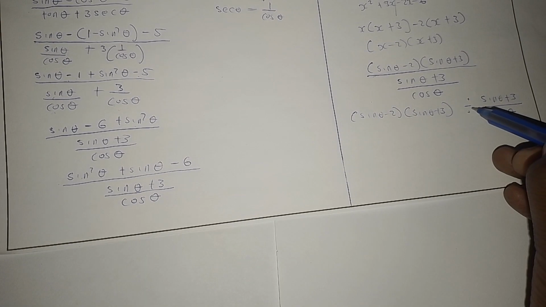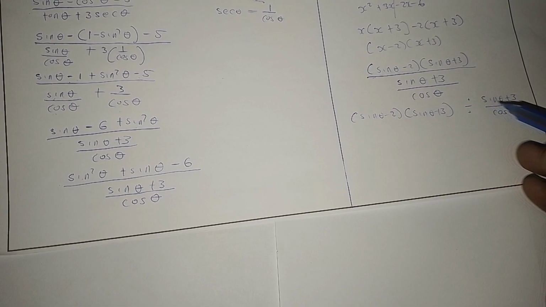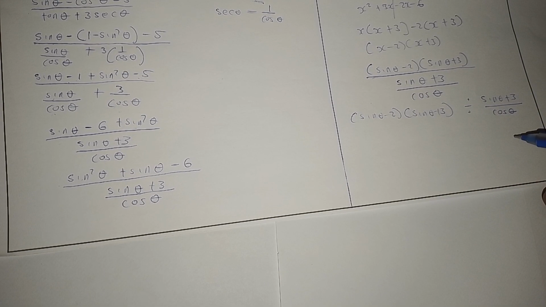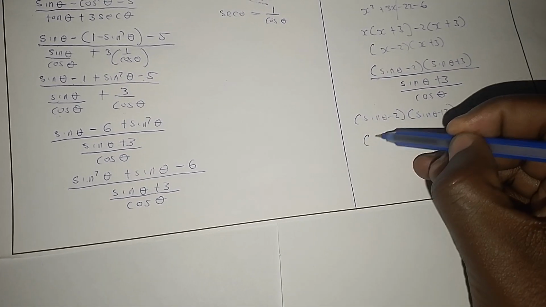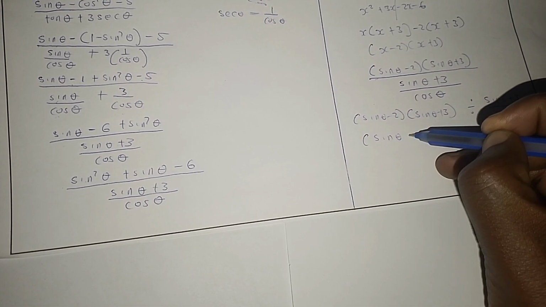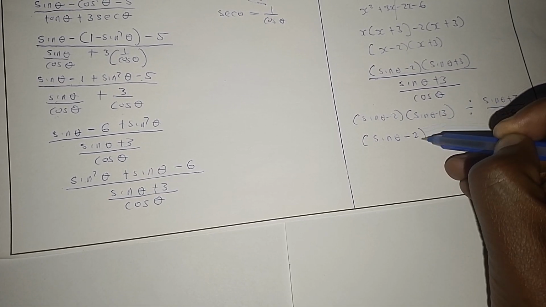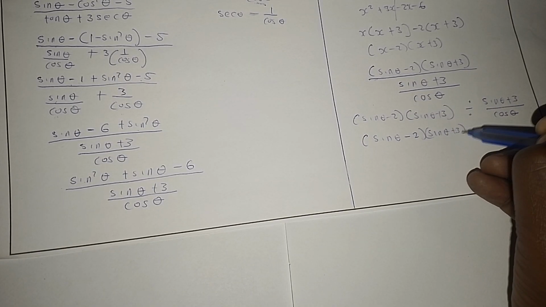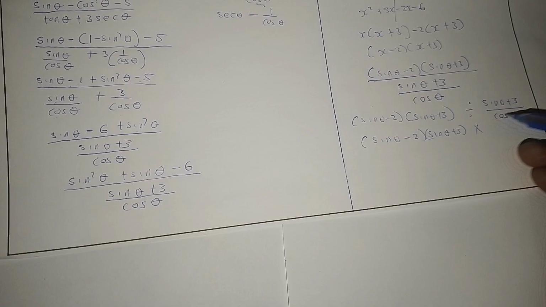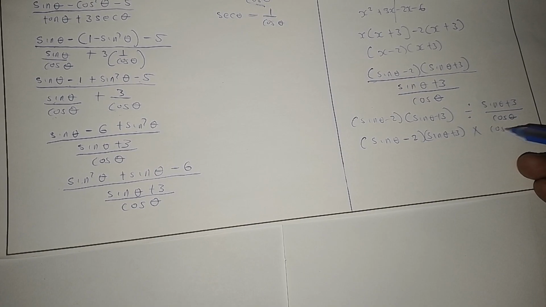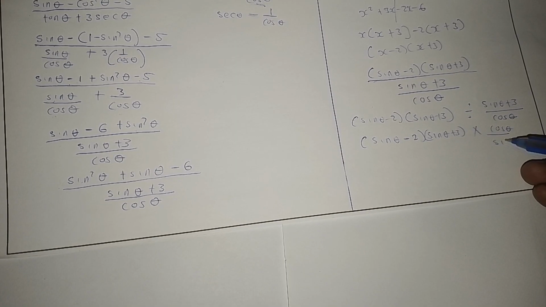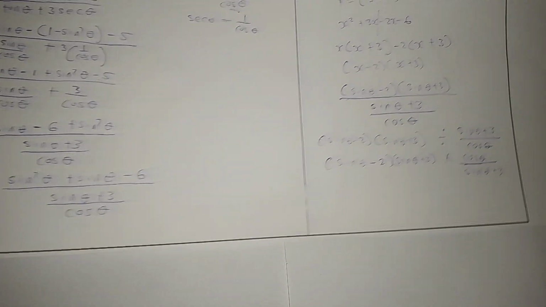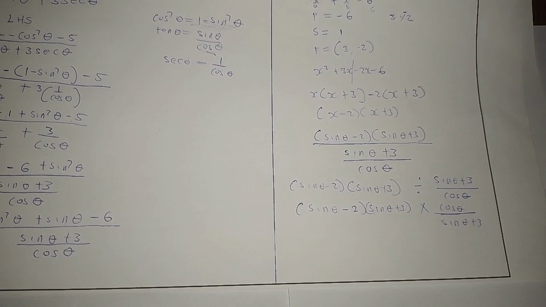Now we all know that when we are dividing, there is a law of reciprocal where cos will go on top and sine will come down. So we are going to have sine theta minus 2, then sine theta plus 3. This will change to multiplication. Cos will go on top, then sine theta plus 3 will come down. You see that? I hope you are following.